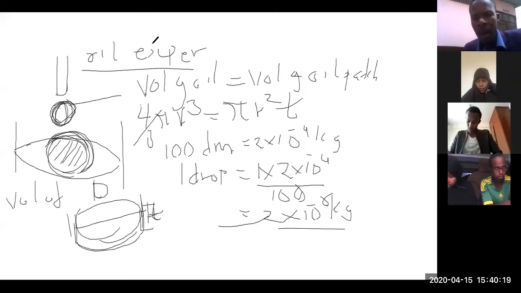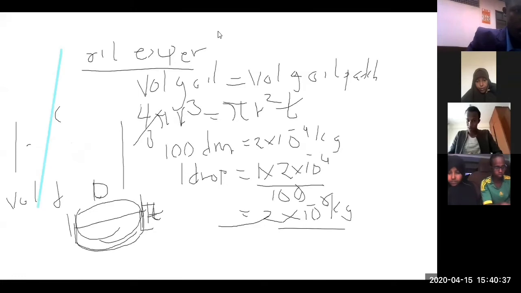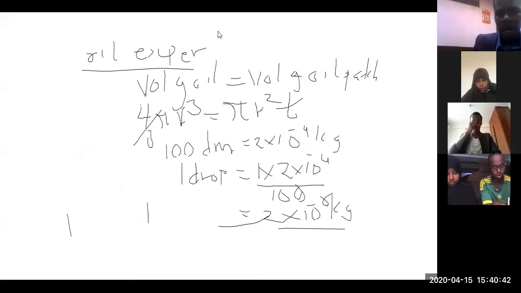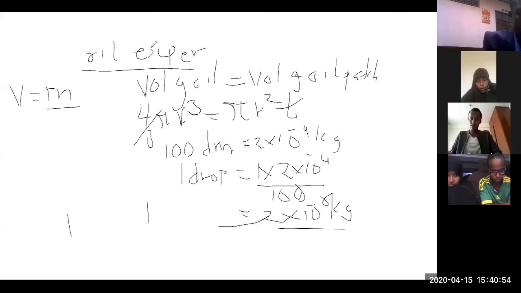From there, we only want the volume, and we already know the density of the oil. So we can get the volume of the oil drop. Volume is given as mass over density.